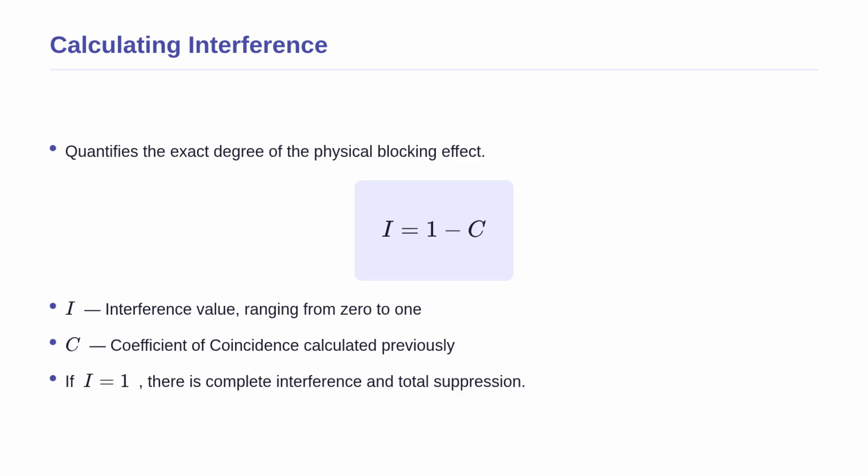When C is 1, meaning observed equals expected, the interference becomes 0, indicating absolutely no interference. On the other hand, if we observe 0 double crossovers, C is 0, and the interference becomes 1. This is known as complete interference because the first crossover completely blocked the second one. As C decreases, interference increases, showing a stronger blocking effect.